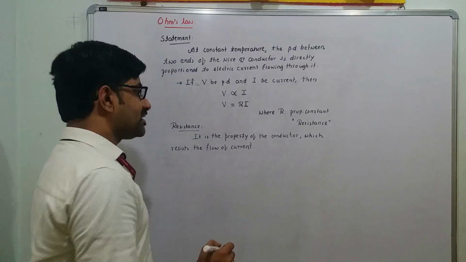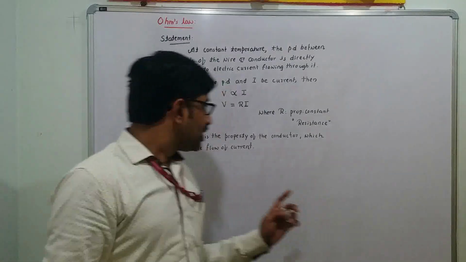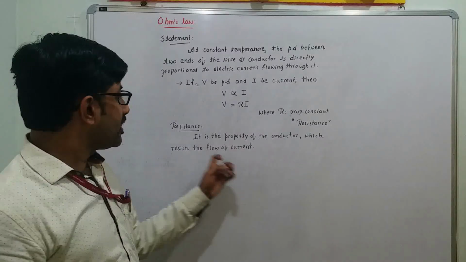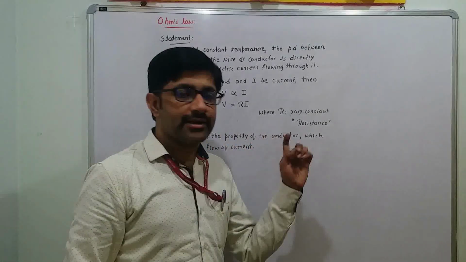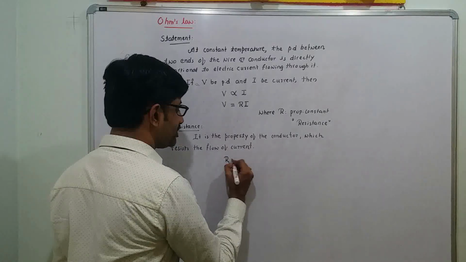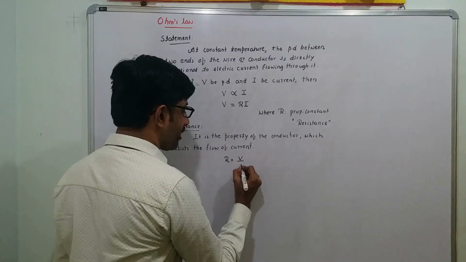That is known as electric resistance. So the property of the conductor which resists the flow of current is known as electric resistance. From the above relation, it can be written as R equals V by I.